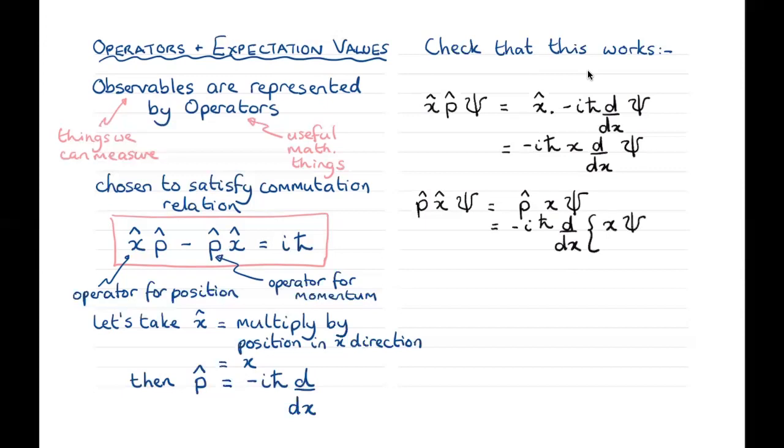Let me write out explicitly that the wave function is a function of x, so that I see I have to differentiate by parts, and I get minus i h bar x d psi by dx minus i h bar psi dx by dx, which is just 1.